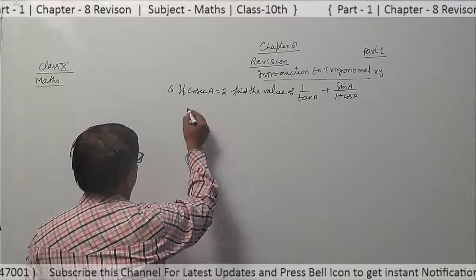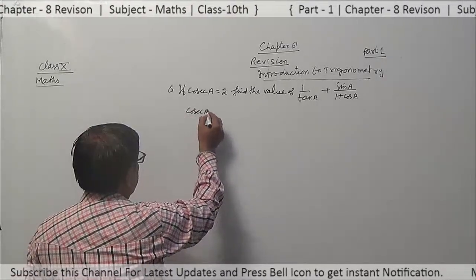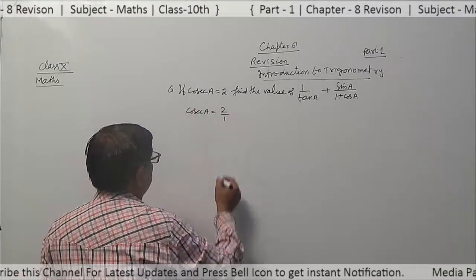Now, see it, cosec A is 2, that is 2 upon 1.